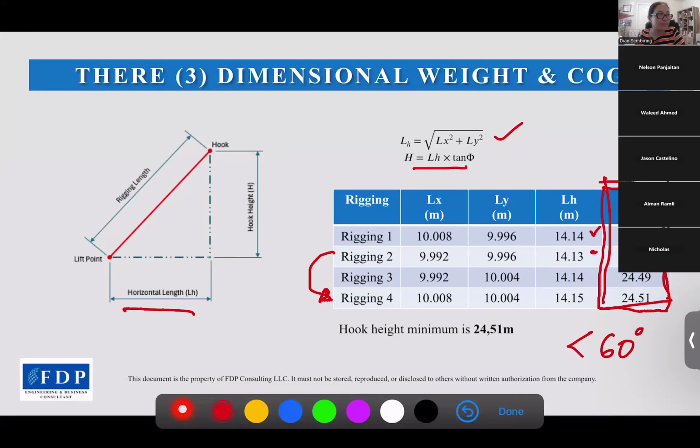So we need to use the maximum height as our reference, the 24.51 meters, like that.